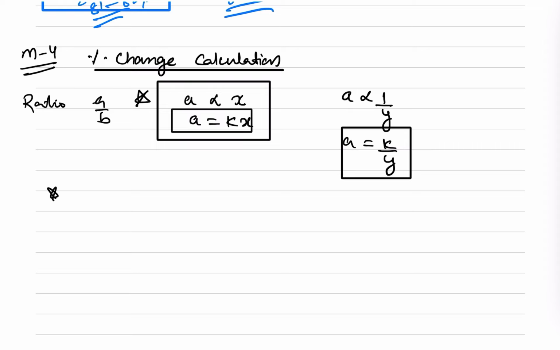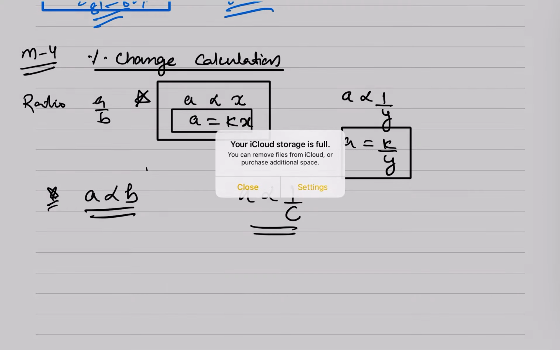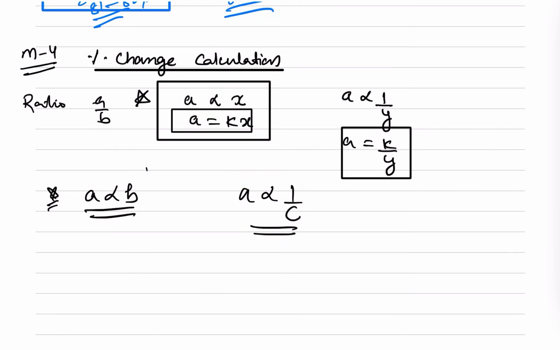If someone is saying that A is directly proportional to B and A is inversely proportional to C, this is how we represent them. This will come in proportion, but I'm adding it over here as well because the percentage calculation actually depends on this concept. So when someone is saying something is proportional to something, direct or indirect, that we have to understand.